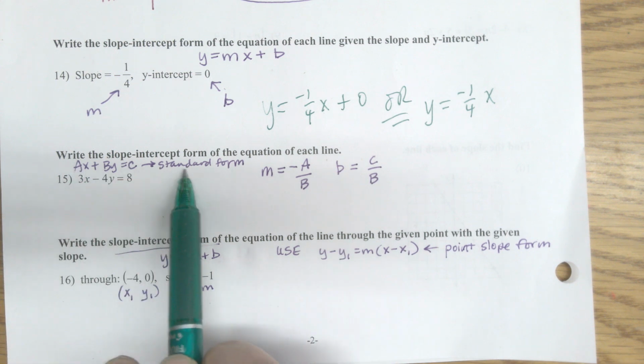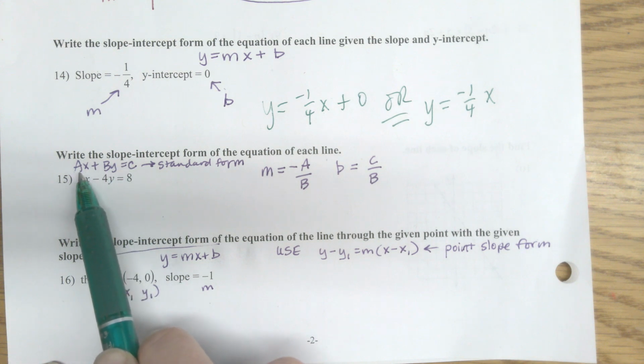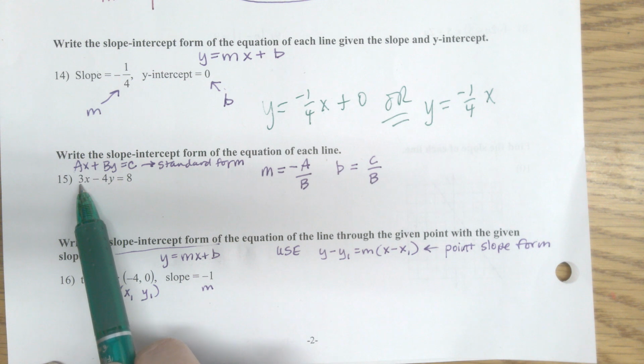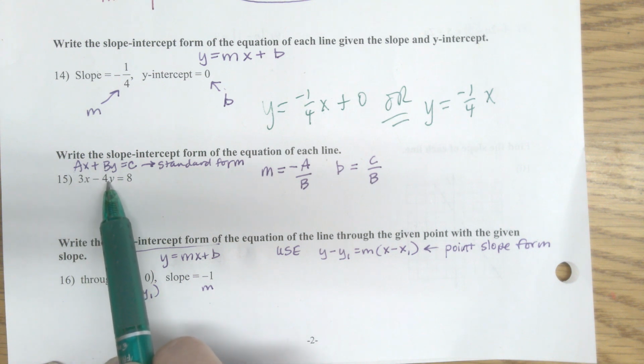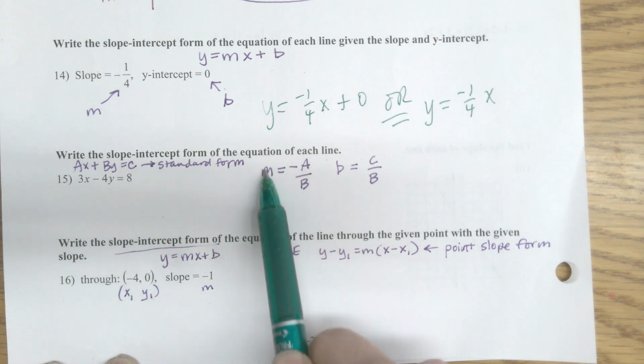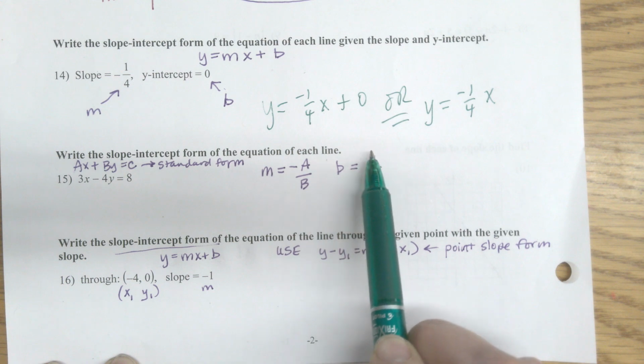This seems like it was forever ago that we worked on slope-intercept form from standard form. Standard form goes ax + by = c. That means the coefficient in front of x is a, the coefficient in front of y is b, and the constant number is c. So the formula is: slope is the opposite of a over b, y-intercept is c over b.